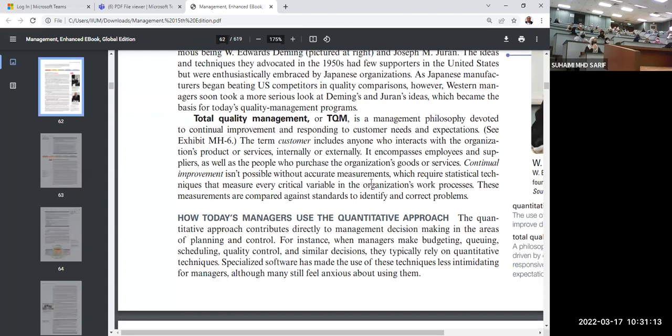This is TQM, total quality management. The purpose is to have continuous improvement. How do we apply it in management? Get things done with efficiency, continuously. Okay, brothers and sisters on Zoom, continuously improve. We don't just stop at one point.